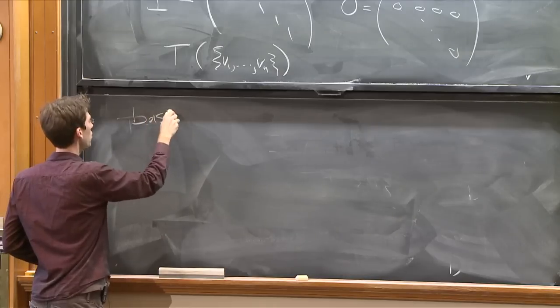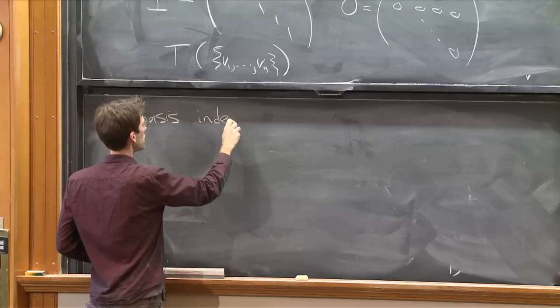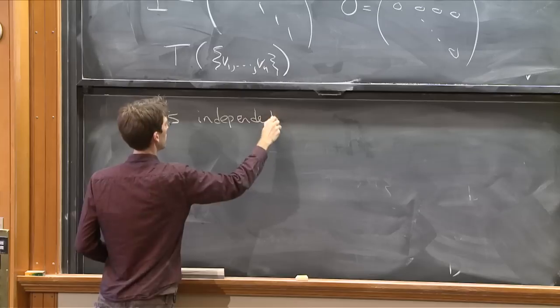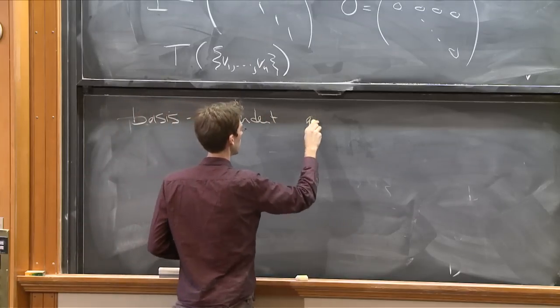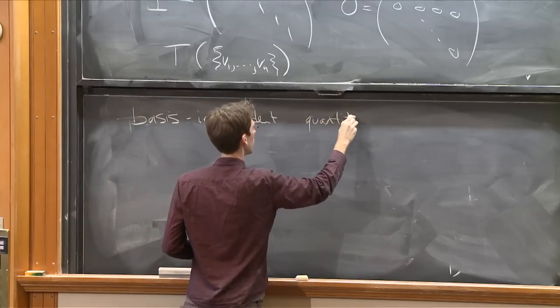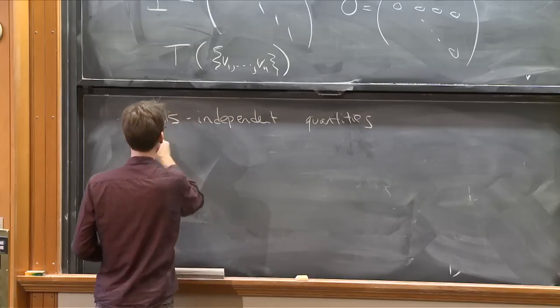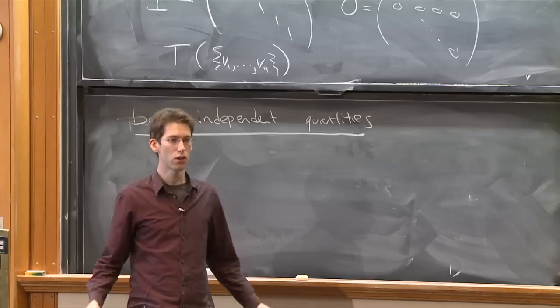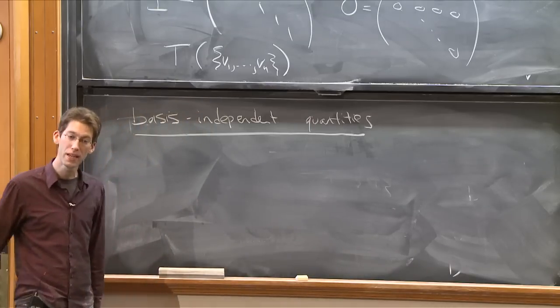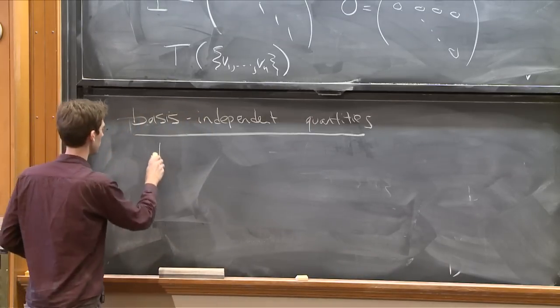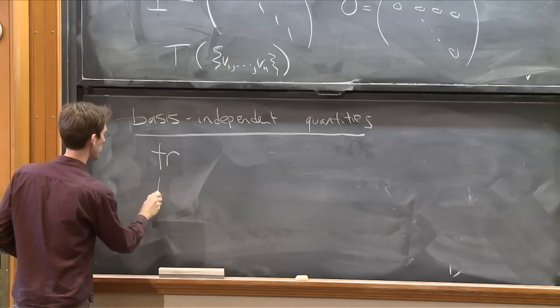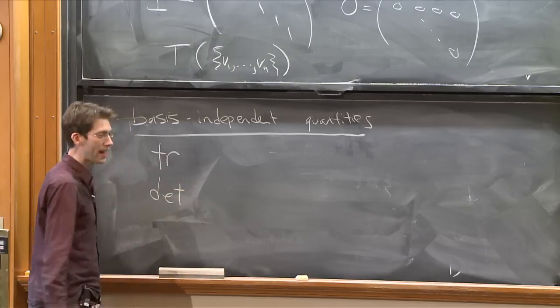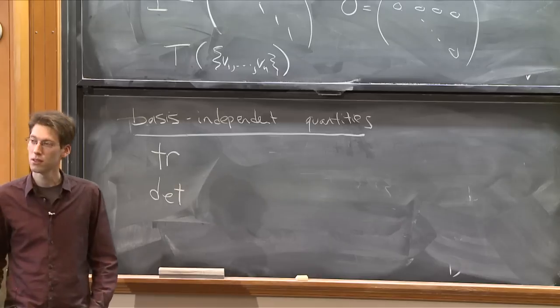I'll mention a few basis independent quantities. I won't say too much more about them because you will prove properties of them on your p-set. One of them is the trace, and another one is the determinant.